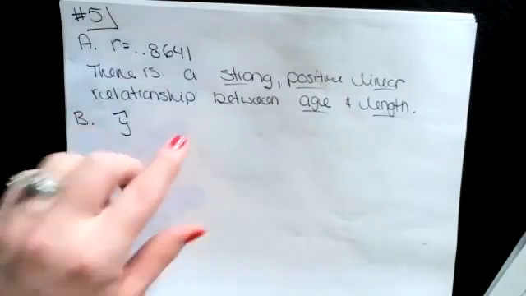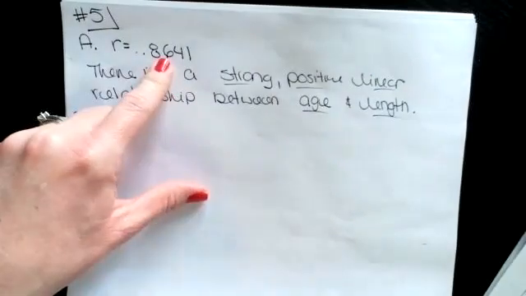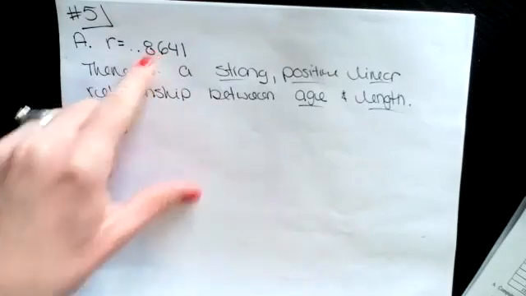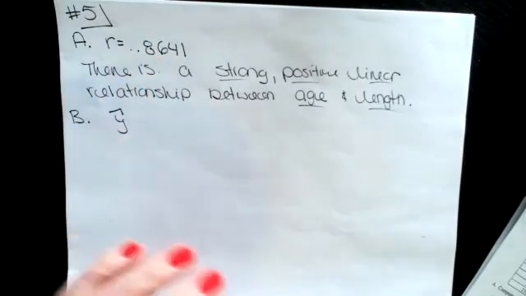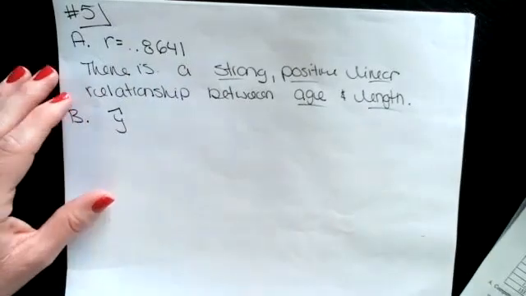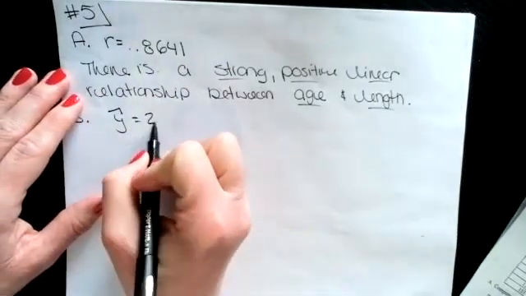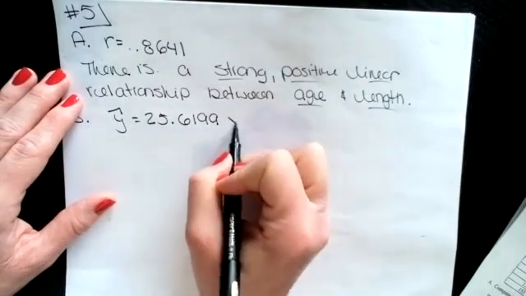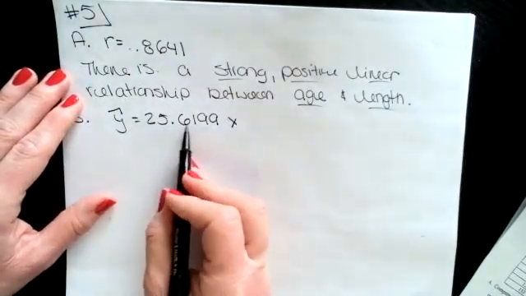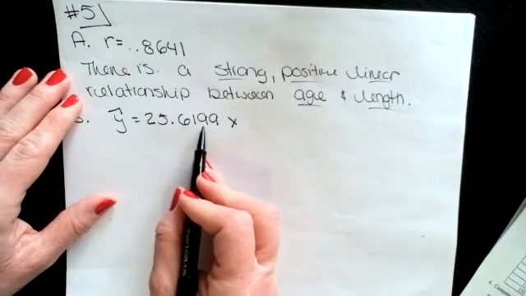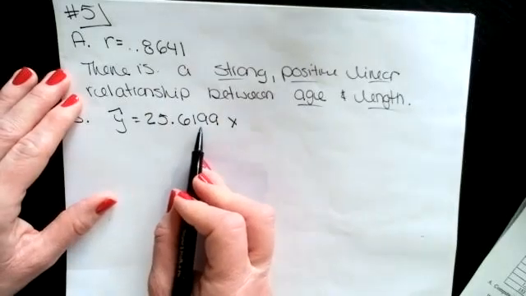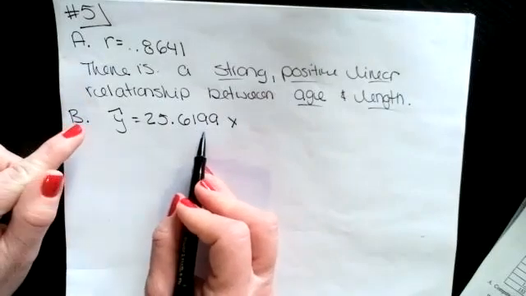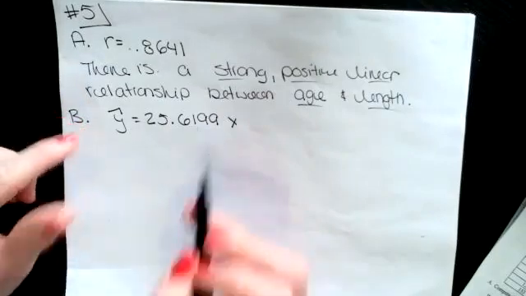Okay, so my R value is still the same. Okay, it's still showing the same relationship here. So I'm glad I just caught that. So Y hat is equal to 25.6199 times X. Now, I like to leave quite a few decimals here, not round too much, because if I'm going to use this equation later on, I don't know if I am in this problem or not, but if I do, then I'm getting a more accurate answer later on.